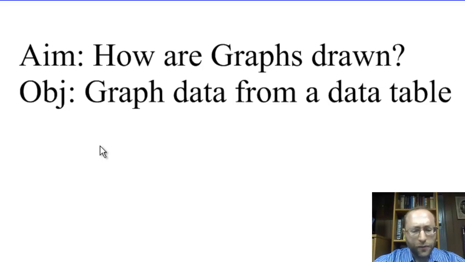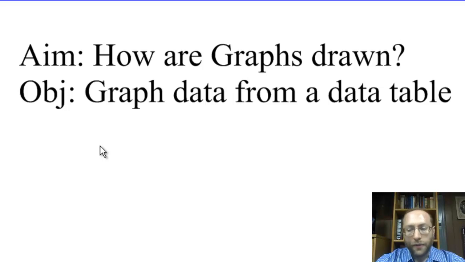And this is important in science for several things. One is that scientists use graphs because it allows us to really look at the data visually, and we can see patterns that we wouldn't be able to see just by looking at a string of numbers in a data table, and there can be lots and lots of numbers in that data table.